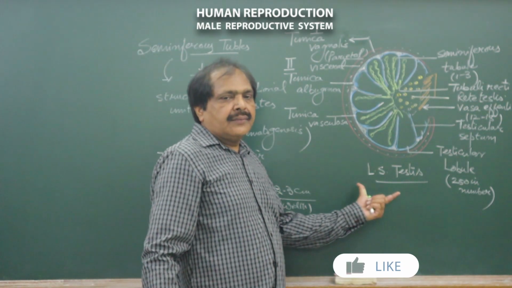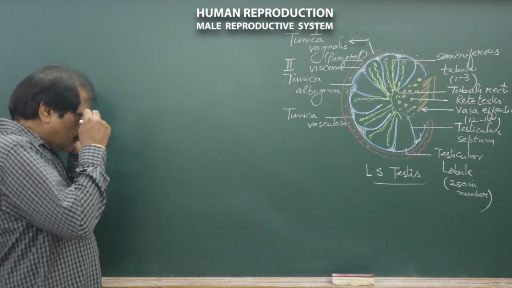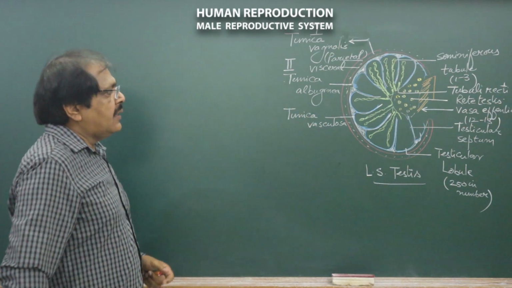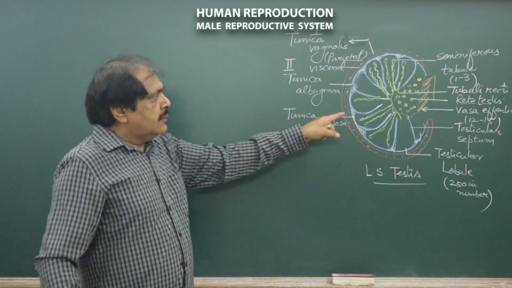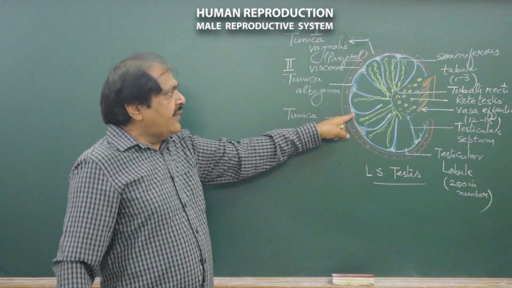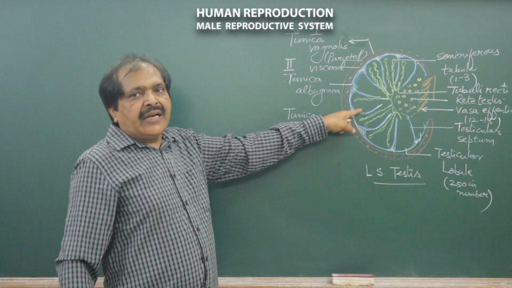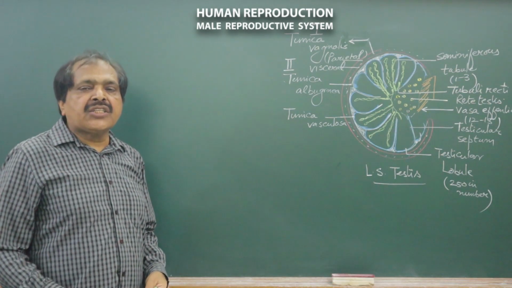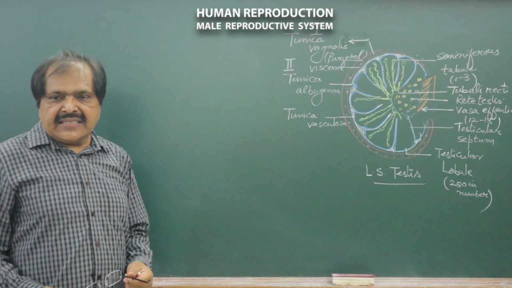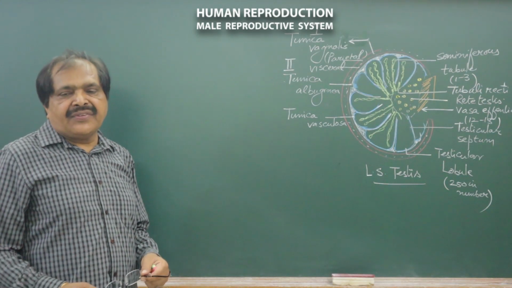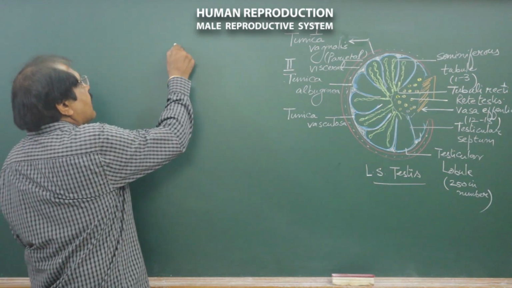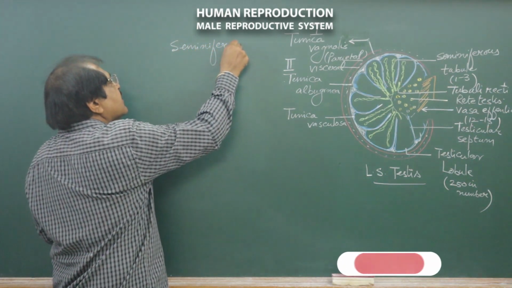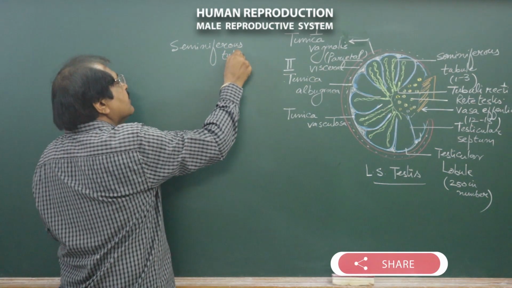I hope you have understood. Now we write some points. We have talked about the layers, then the testicular septa, then the testicular lobules, then we came to the seminiferous tubules, which are the structural and functional unit of the testis, and they are responsible for spermatogenesis. Now these are the seminiferous tubules.